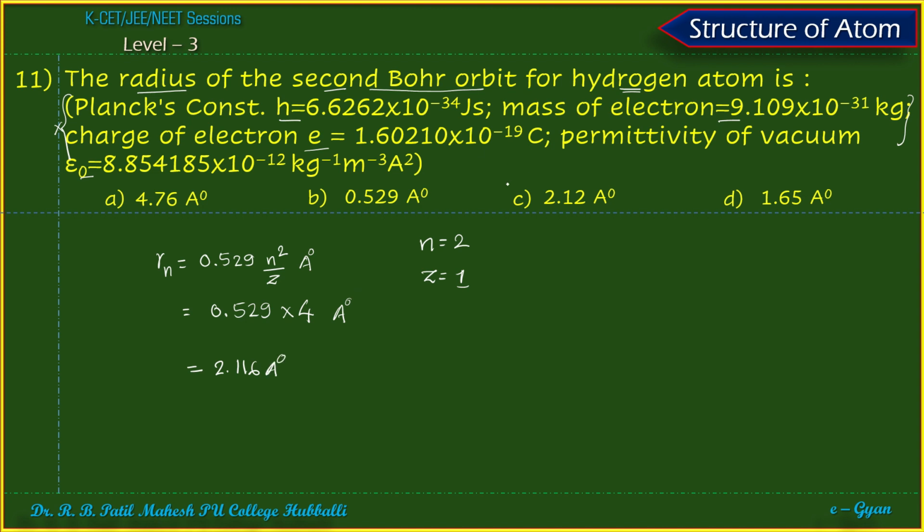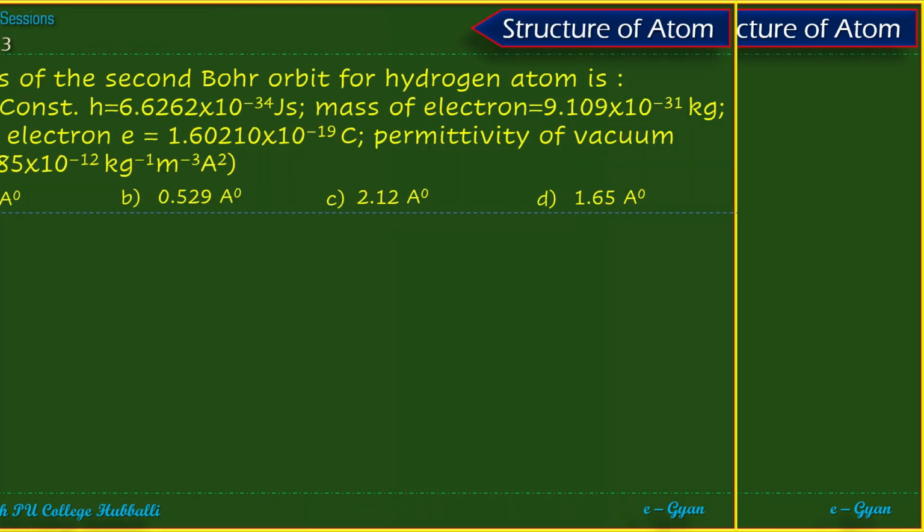So the correct option is option C. The radius of the Bohr second orbit of hydrogen atom, that is R2, is equal to 2.116 Angstrom unit, which is also about 2.12 Angstrom unit. Moving to the next question.